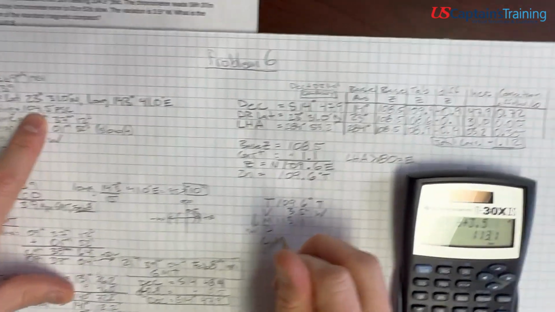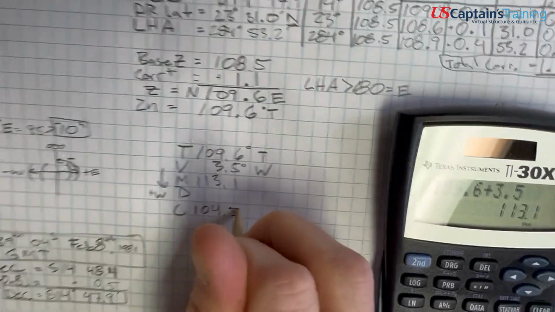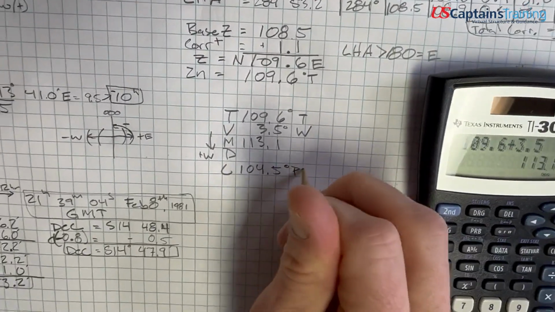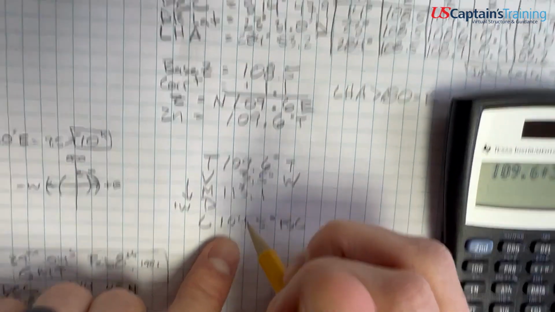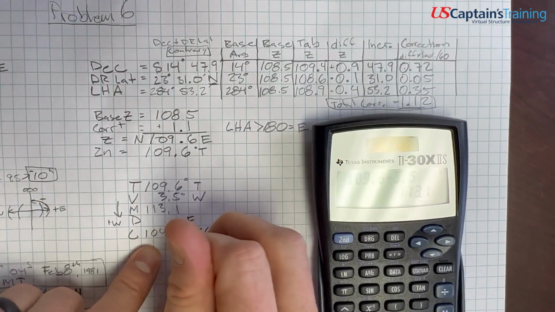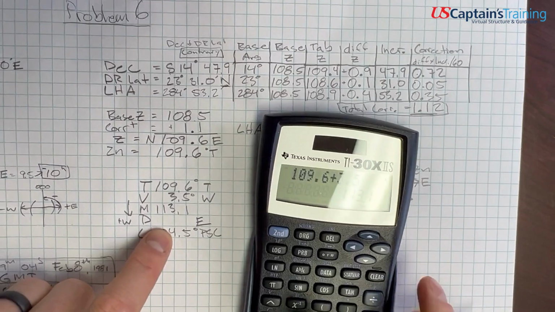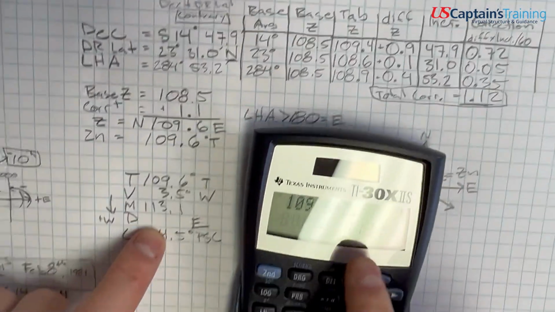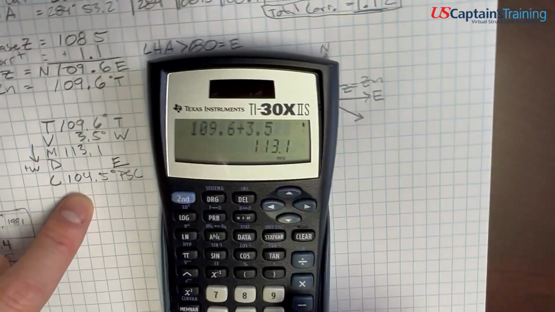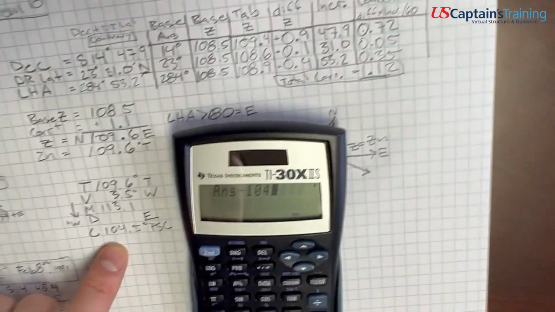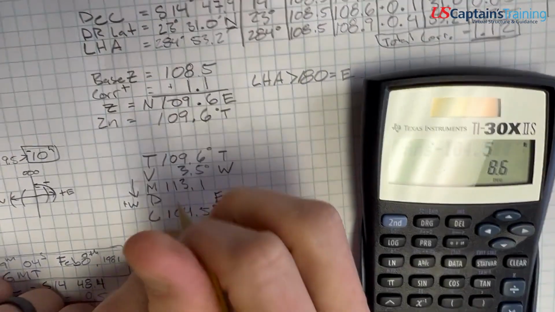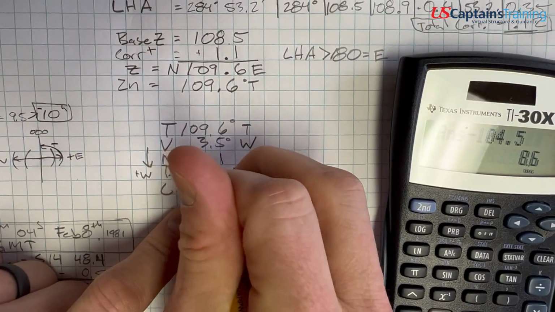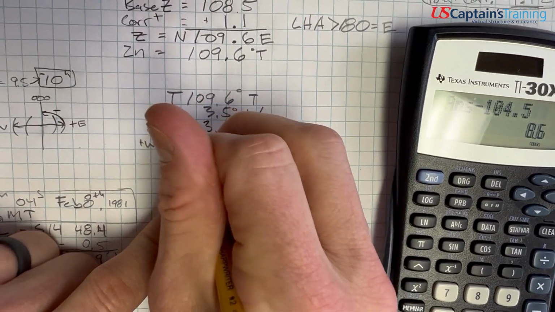113.1. And now our compass, here we are, 104.5 degrees PSC. So we're going, it's less. So this is going to be east. So let's subtract. We got 113.1 here minus 104.5 equals 8.6 degrees east.